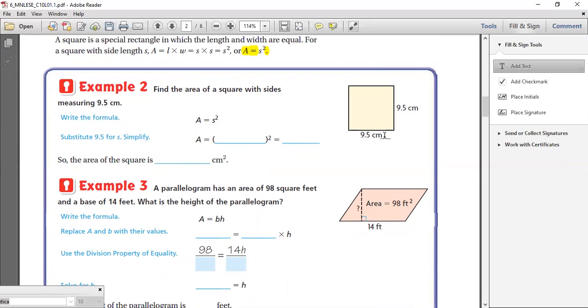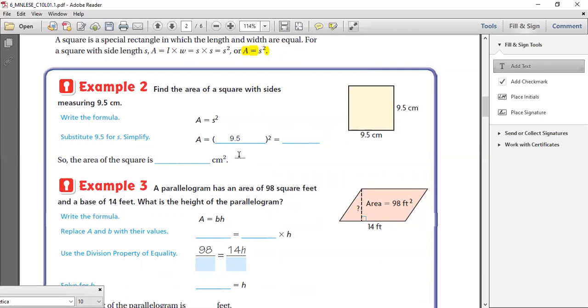You know the speciality of a square is all the sides are equal. So if one side is 9.5, the other side is also going to be 9.5. Okay, now what does this mean? Write the formula. So a formula of a square is s square, or s multiplied by s. So side is 9.5, so we are going to be writing 9.5 here.